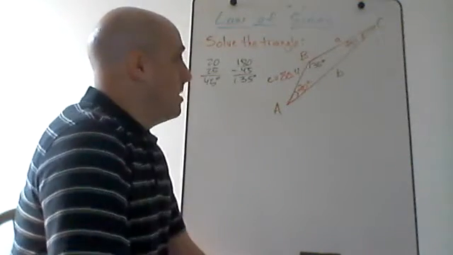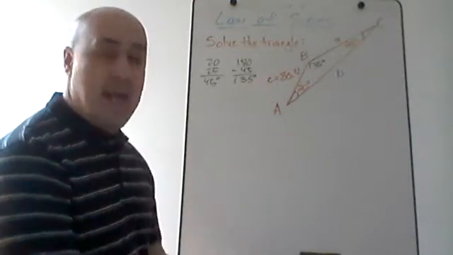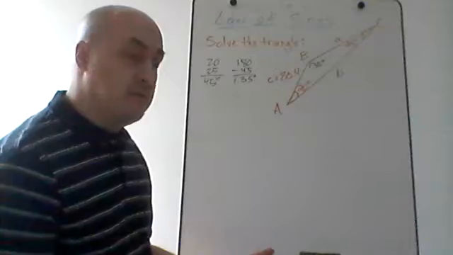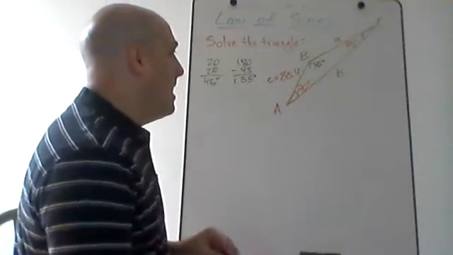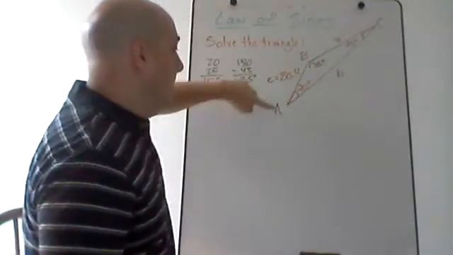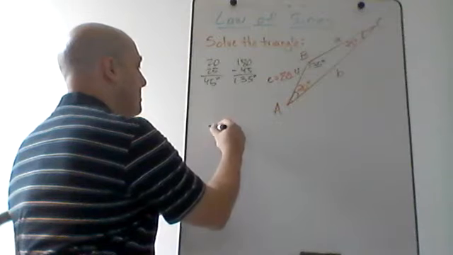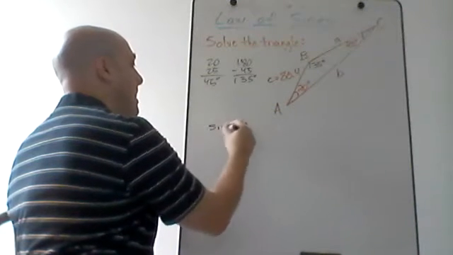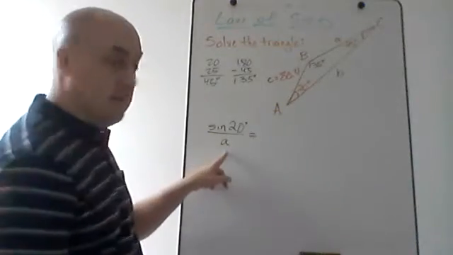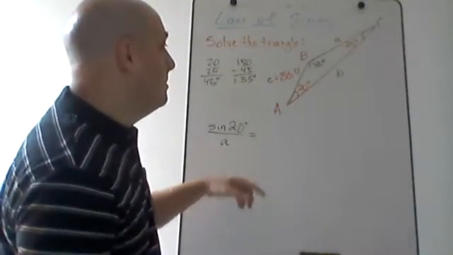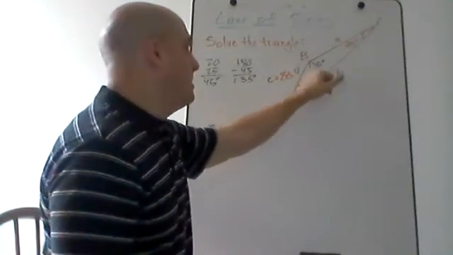So that wasn't so bad, getting that angle. And now we need to go ahead and solve for our sides. Let me start with side A just because A comes before B. It doesn't really matter at this point which one you solve for first. So I need to find side A. The angle opposite A, angle A, is 20 degrees. So the law of sines says if I do the sine of 20 degrees over side A, which I don't know, so I just put the lowercase a there, it's equal to, now in this case, I'm not going to use angle B with side B, because I don't know what side B is.